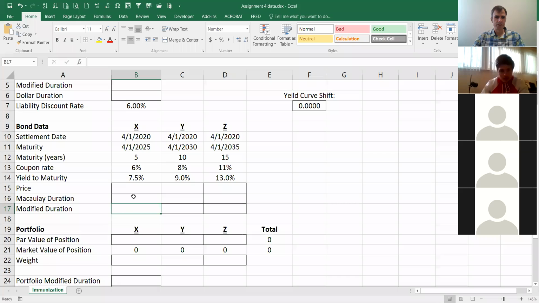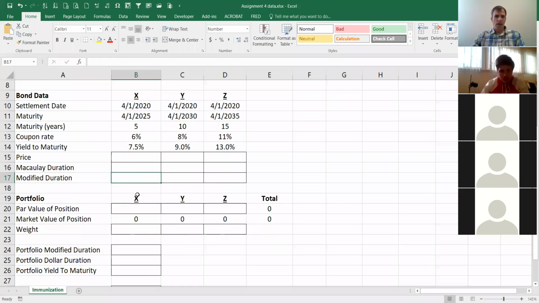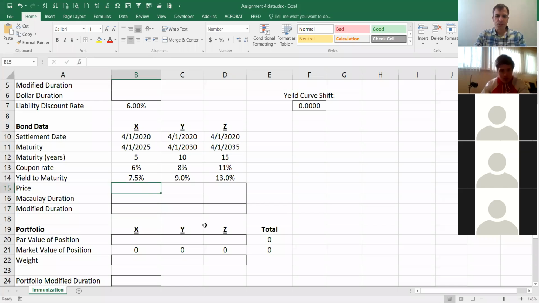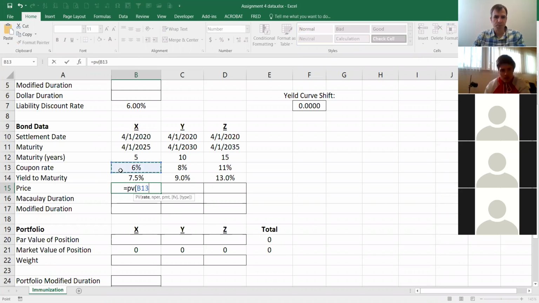Yeah, let me, that's a good question. I'll open up the spreadsheet and share it. Here we go. Let's see, so you found the price, which is just, we use these inputs.